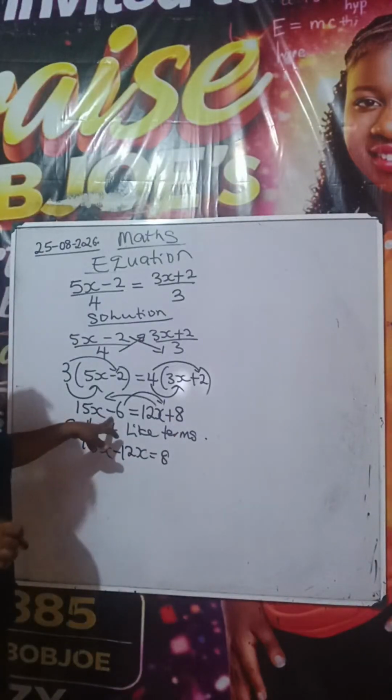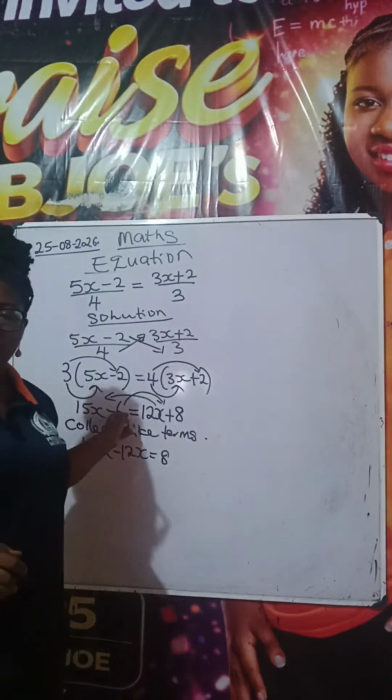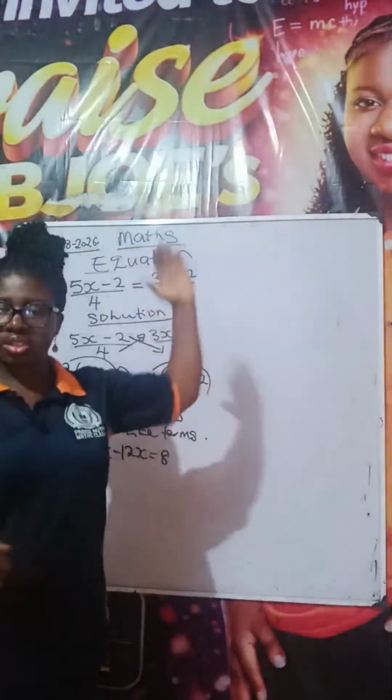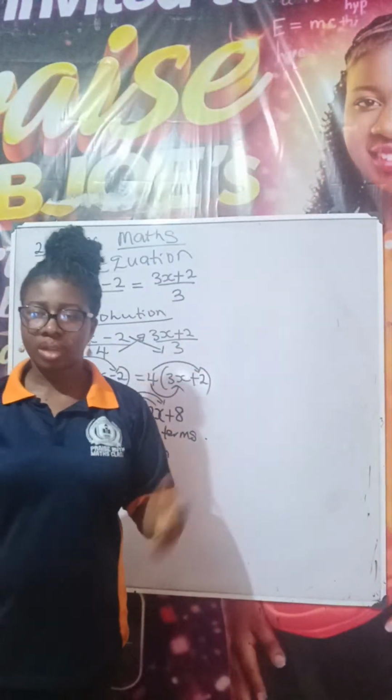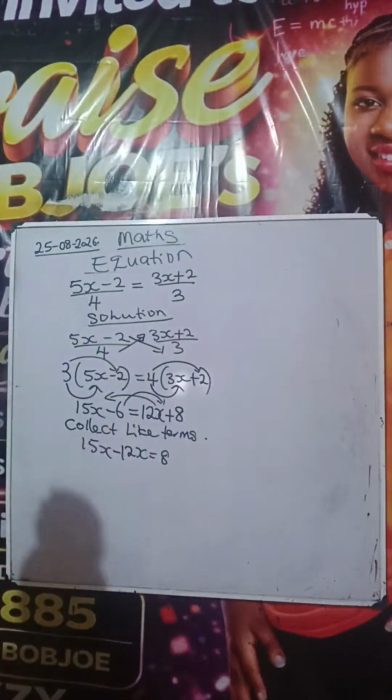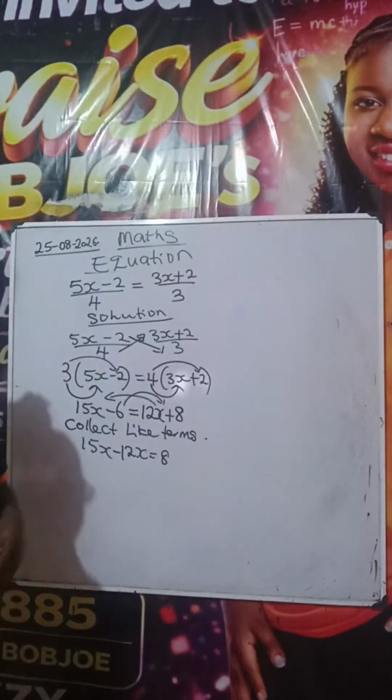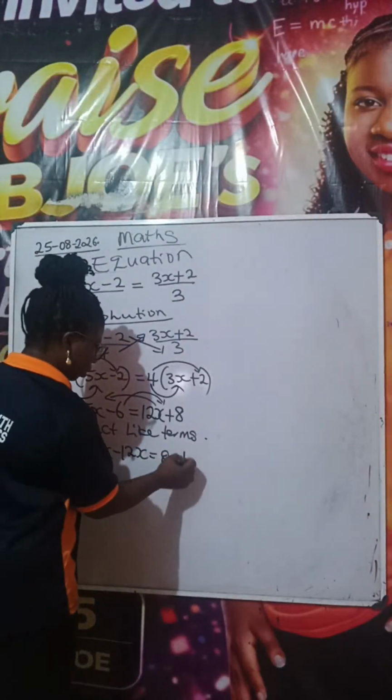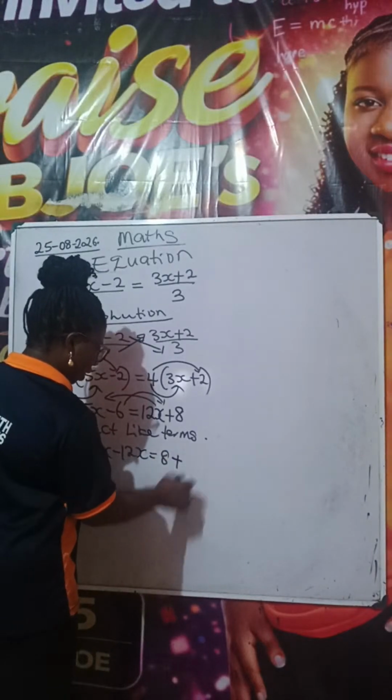The 6 is minus. So when I take this 6 to the right, will it be plus or minus? Plus. Wonderful, correct. So we have plus 6.